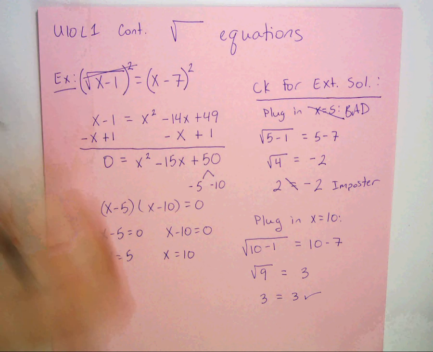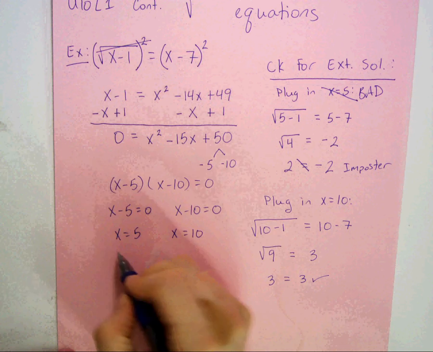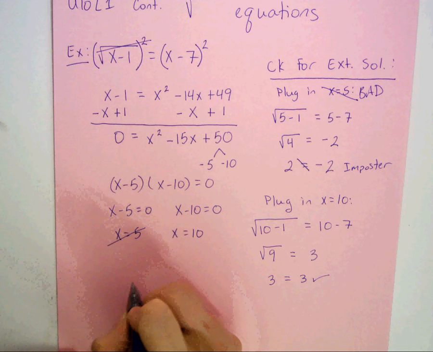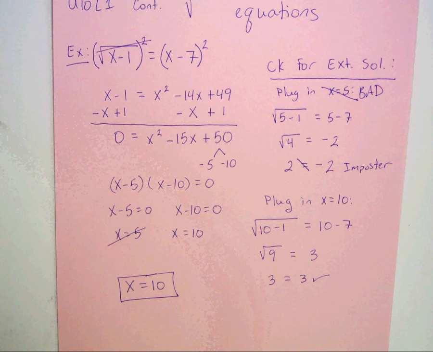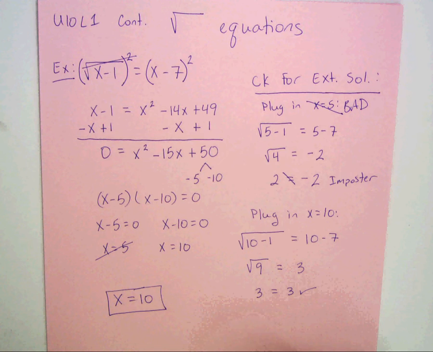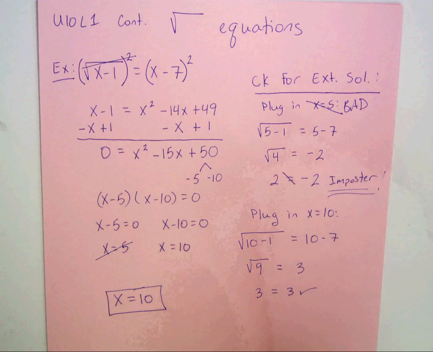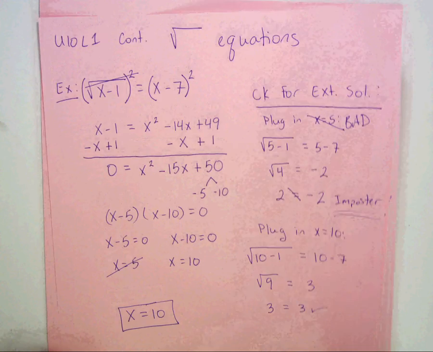So 10 was very truthful, and he actually is a solution to our equation. x equals 5 is bad, so our only solution is x equals 10. Okay, so again, why it's very important for us to check, because it's possible to have an imposter in the mix. Alright, so let's look at one more crazy.